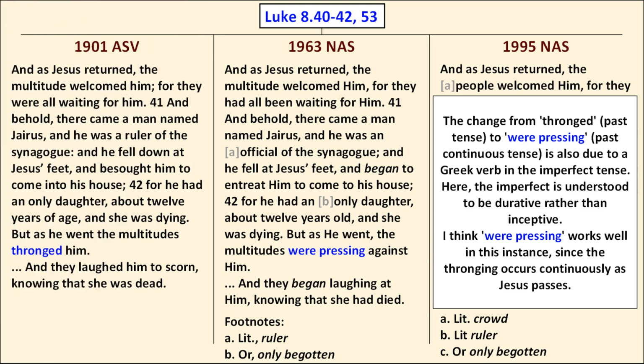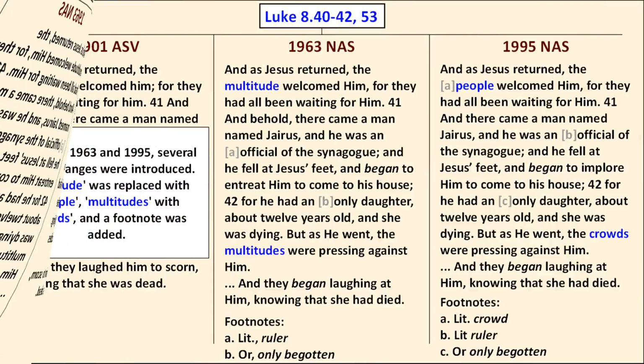The change from the past tense "thronged" to the past continuous, "were pressing," is also due to a Greek verb in the imperfect tense. Here the imperfect is understood to be durative rather than inceptive. I think "were pressing" works well in this instance, since the thronging occurs continuously as Jesus passes.